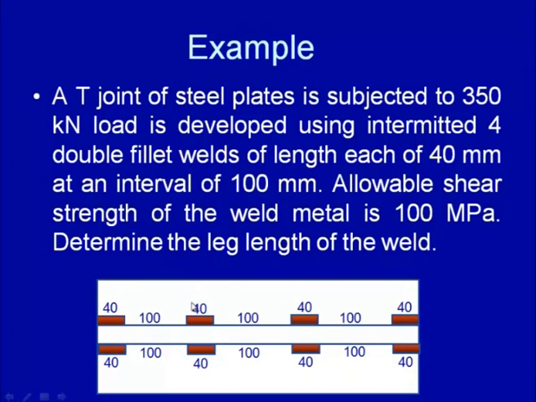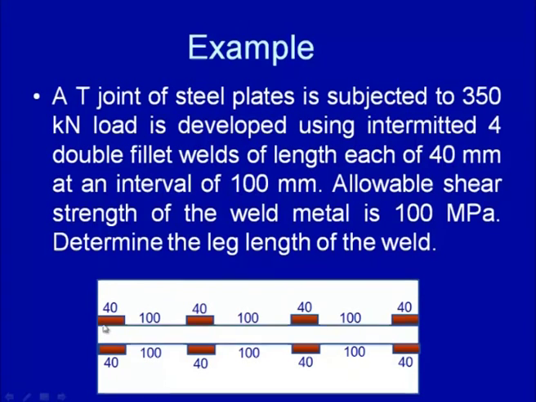So, the case is like this, where one bottom plate is there and another horizontal plate is there, and another plate is kept vertically, and the double fillet welds are made on both sides of the vertical plate.